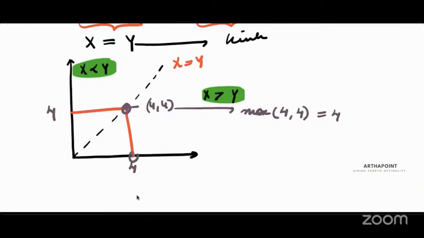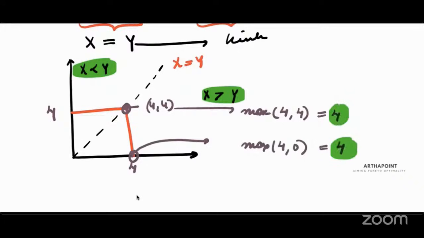But suppose I take a point here. This is x is 4, y is 0, but the max is still 4. So it gives me the same utility that I'm getting at the point of kink. Take a point here. Suppose this is x is 4, y is 1. So max of 4 and 1 is still 4.